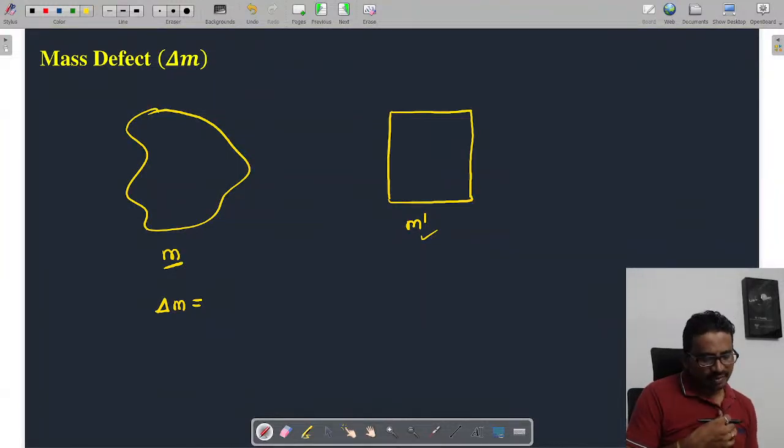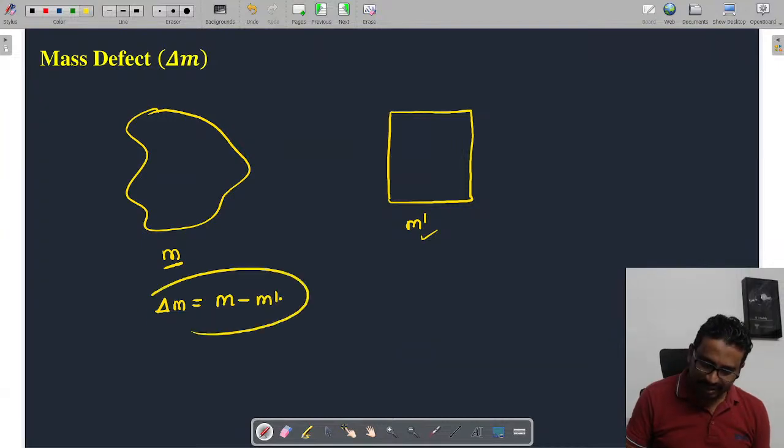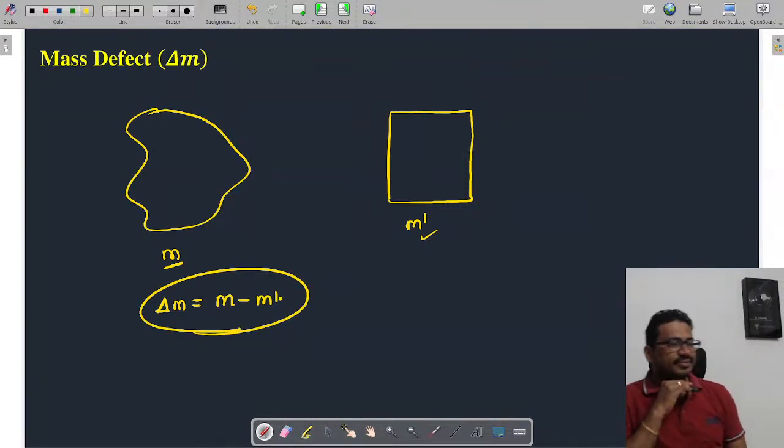Which mass is high, before making or after making? Before making mass is high, yes or no? That is given as m minus m dash. This is called as a mass defect.